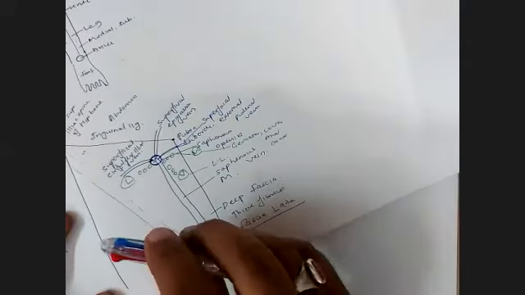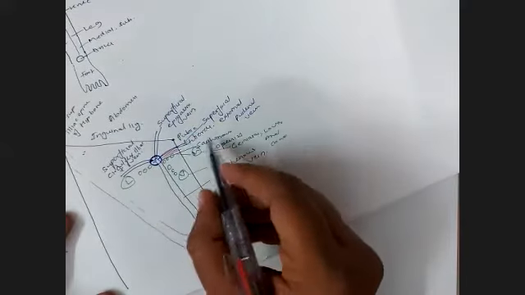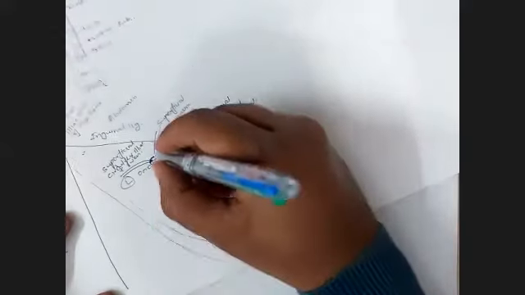Along with all these veins, we also see the arteries. There will be the same arteries: superficial external pudendal artery, superficial epigastric artery, superficial circumflex iliac artery. Okay.